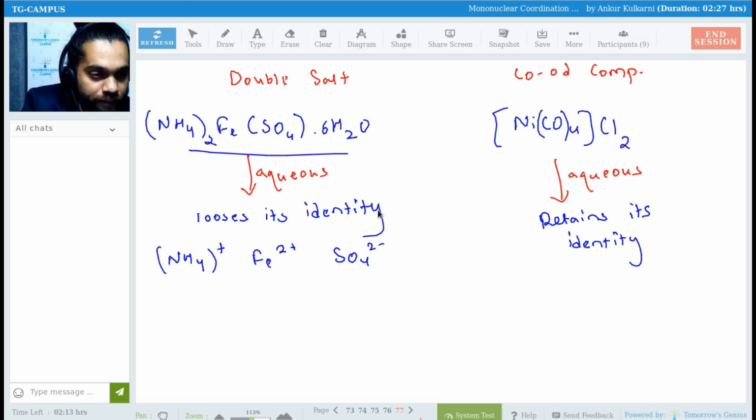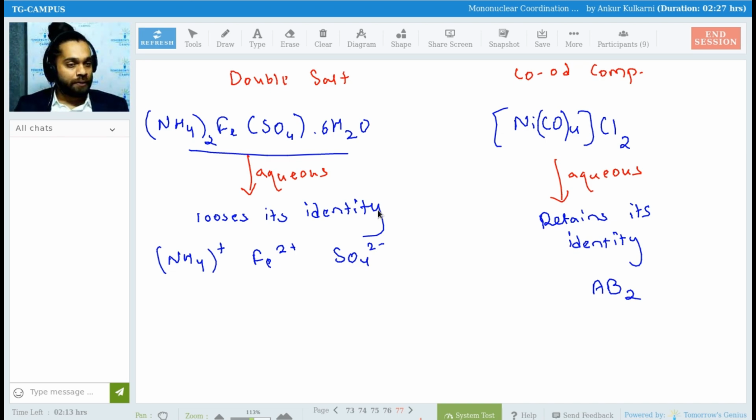Tell me, for an AB2 type of complex, what will be the charge on A? Am I lagging, everyone? Are you able to hear me properly? What will be the charge on A? Come on, tell me. Will it be positive? Will it be negative?